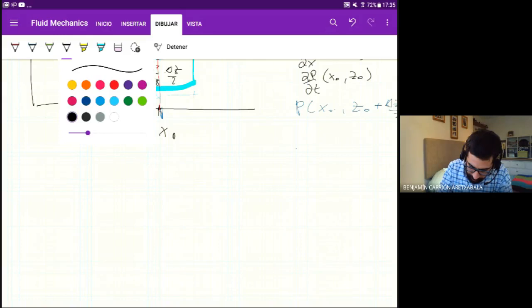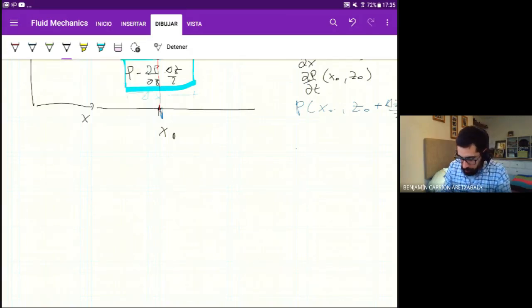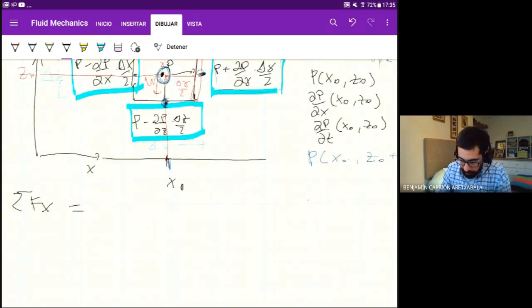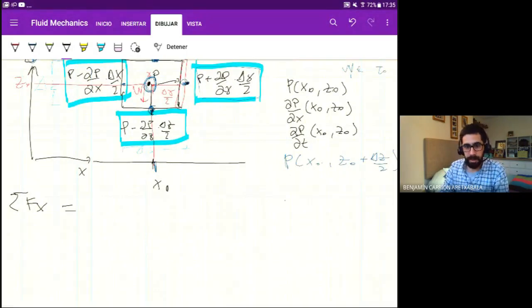Okay, so now we do what we did before. We're going to sum the forces in the horizontal, in x, and we're going to assume that the forces are equal to the pressure times the area on which they act.